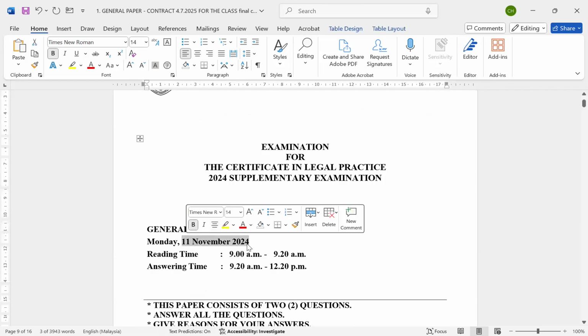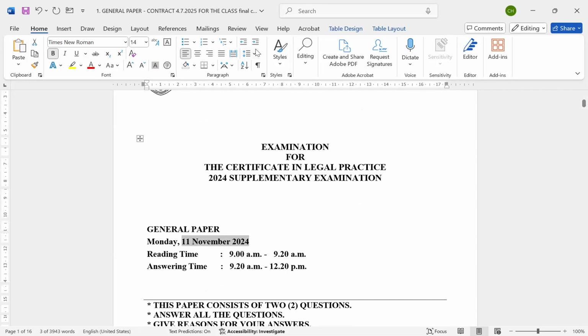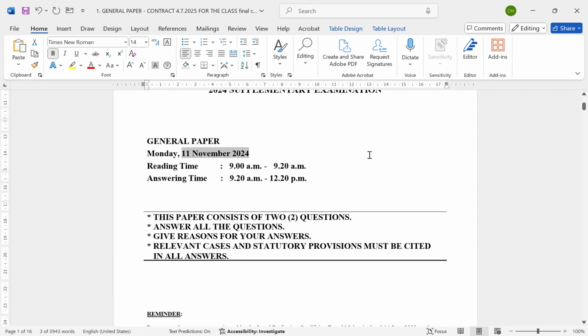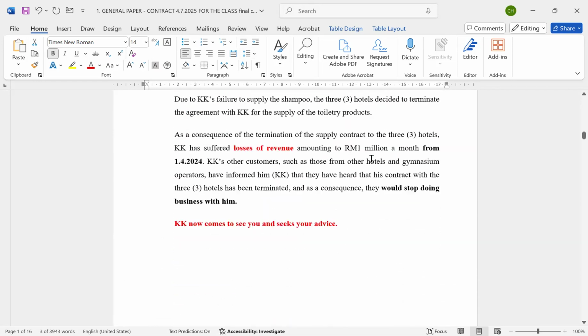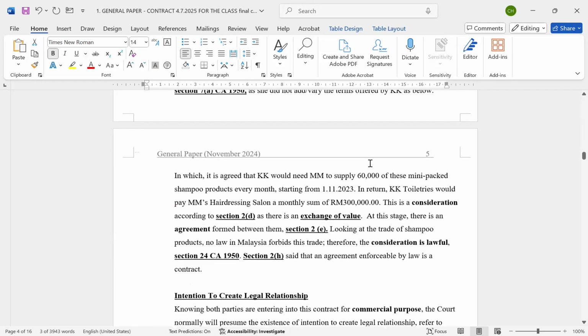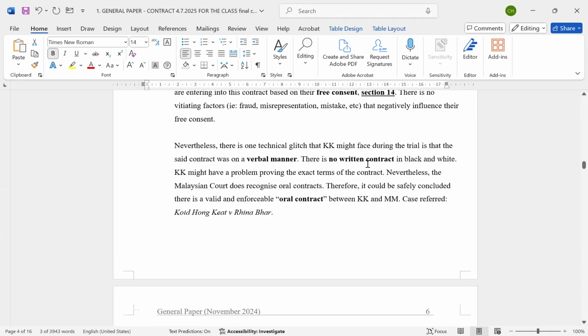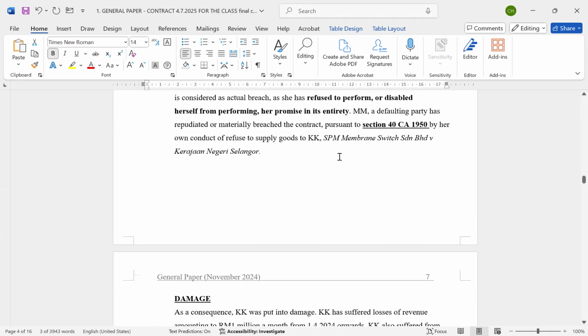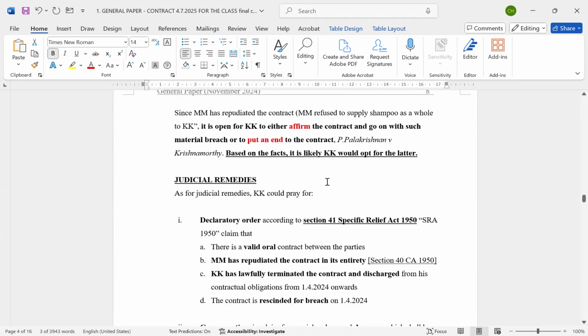I will propose you use 11 November 2024 or your upcoming examination date as the date of filing to avoid confusion, because sometimes you need to calculate and show how much is the loss suffered by the plaintiff. As simple as that. Be very practical.